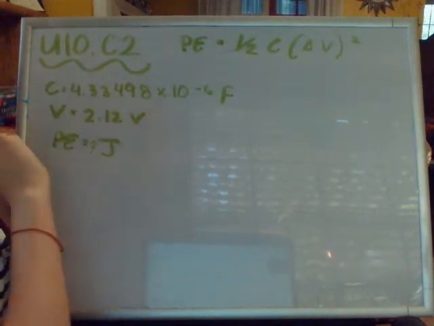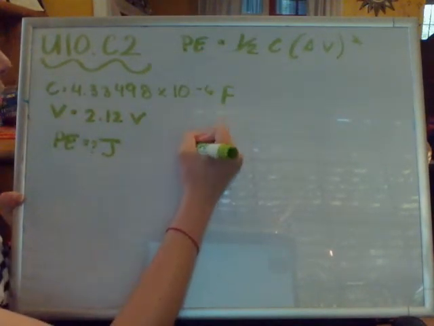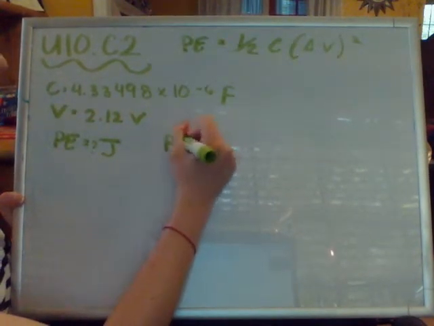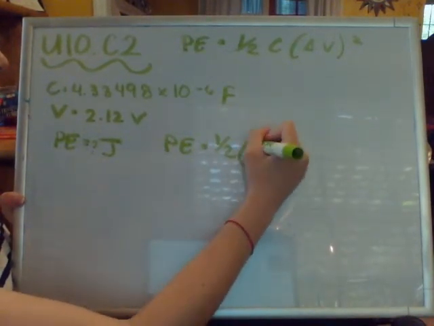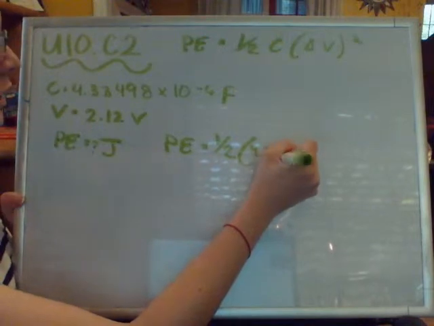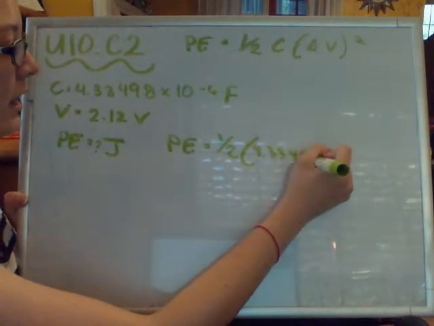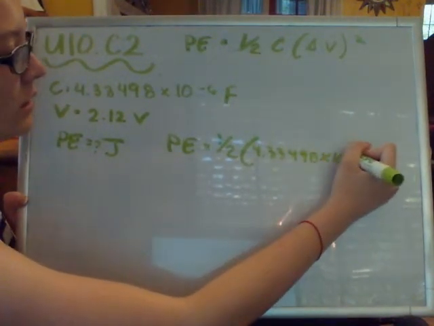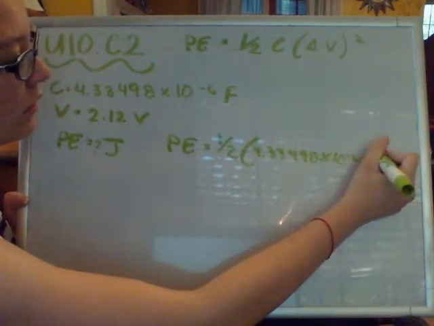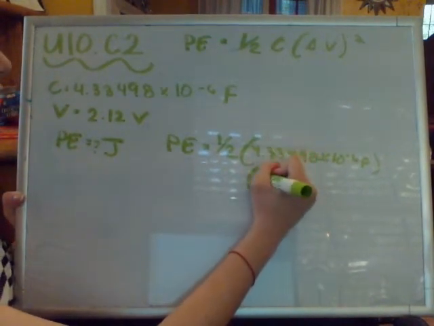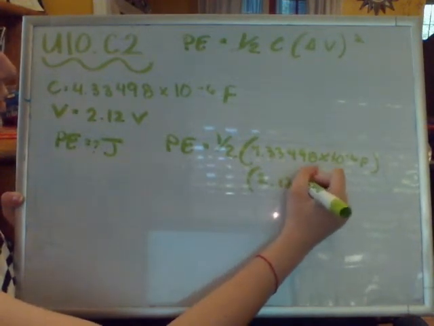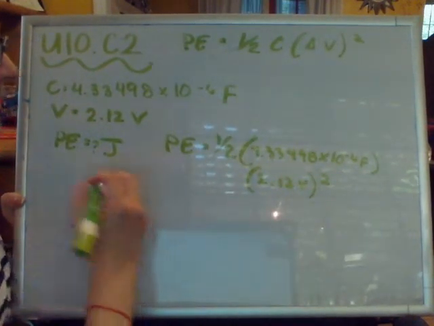So question mark joules. We set our problem up, and it's PE equals 1/2 times 4.33498 times 10 to the negative 6 farads times 2.12 volts squared.